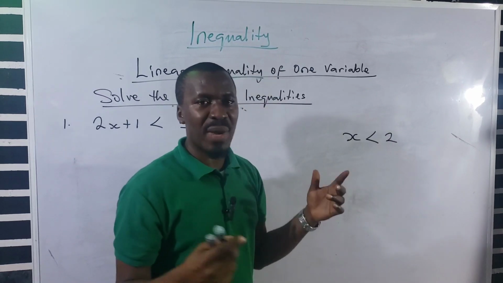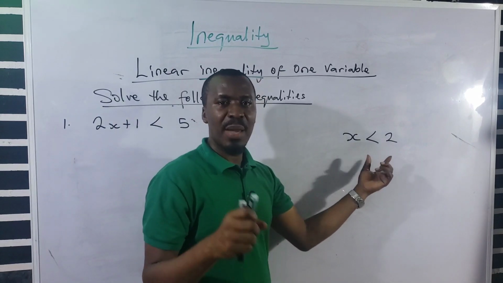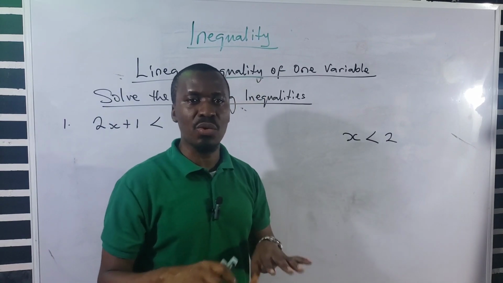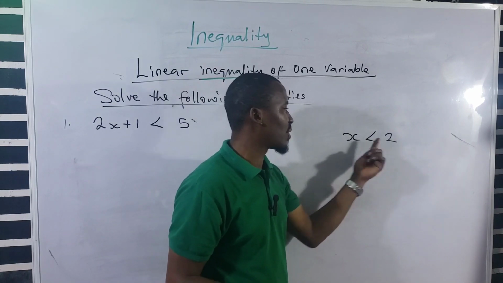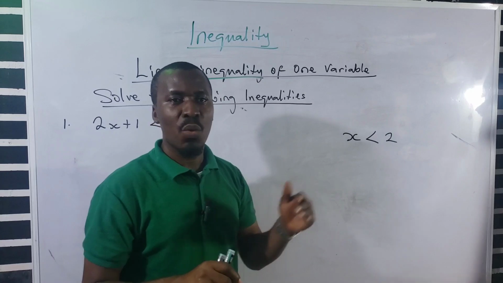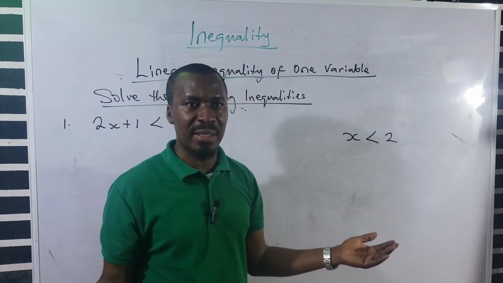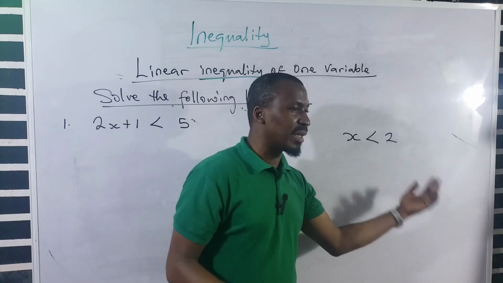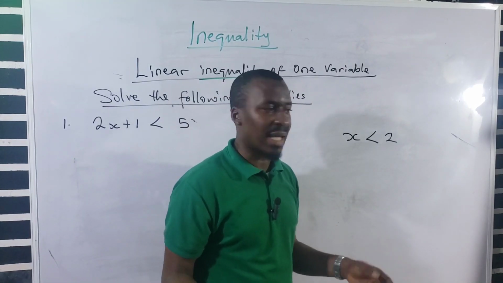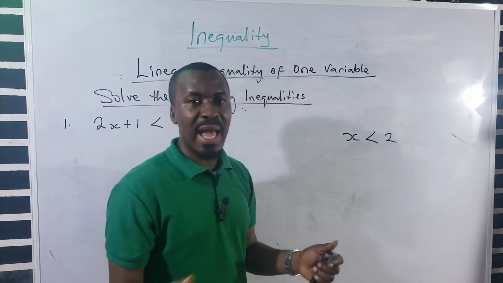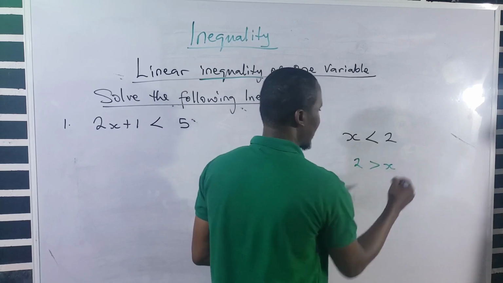But in mathematics, there is no rule of where to read from. We can read an equation from either side, from the left-hand side to the right-hand side or from the right-hand side to the left-hand side. So somebody else can say that 2 is greater than x.